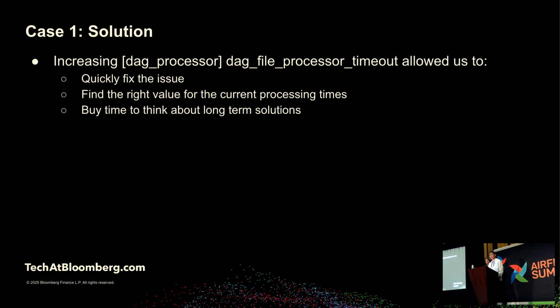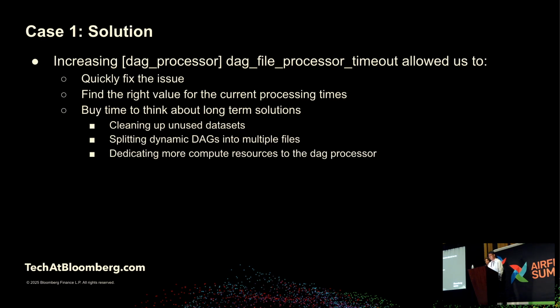And finally, it bought us some time to think about longer-term solutions, things like cleaning up unused datasets, maybe splitting up the dynamic DAG generation into multiple files, or dedicating more compute resources to the DAG processor. So as you can see here, a simple configuration change could bring us a big operational win.